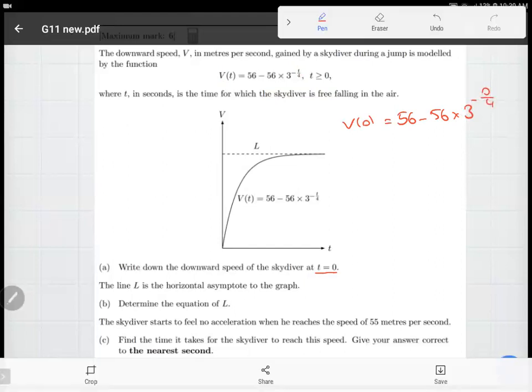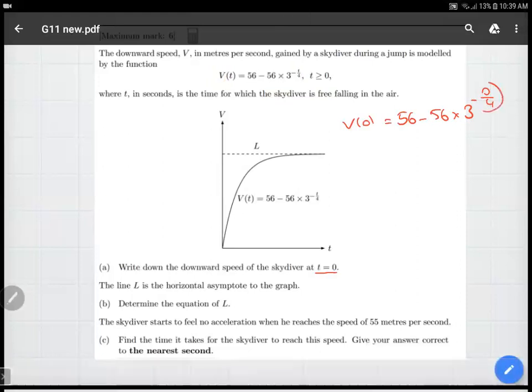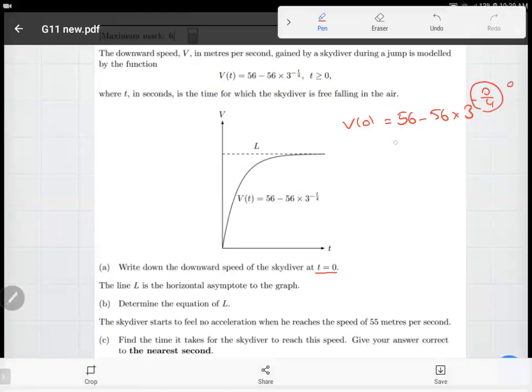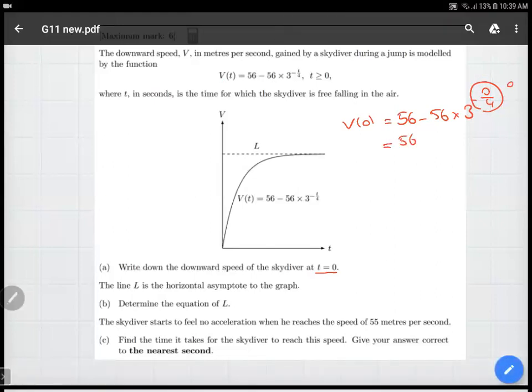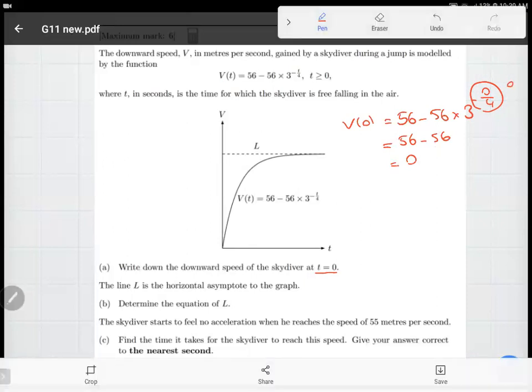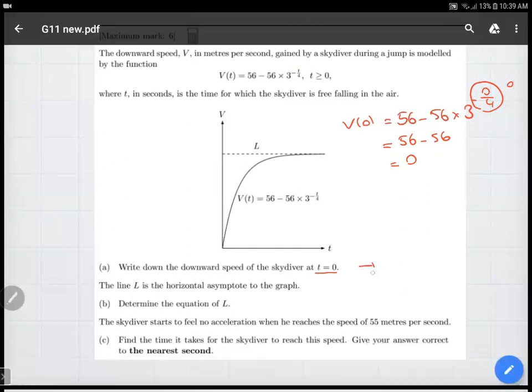So 0 divided by 4 will be 0. 3 power 0 is 1. So we get 56 minus 56. So it is 0. So at the beginning, the speed is 0. So the answer of part A is 0.